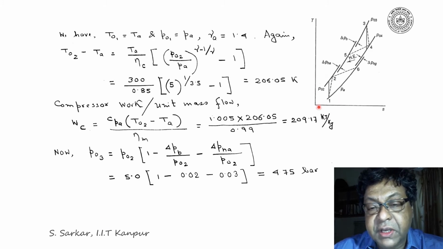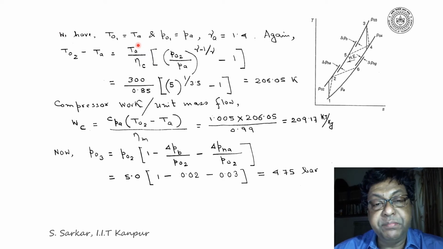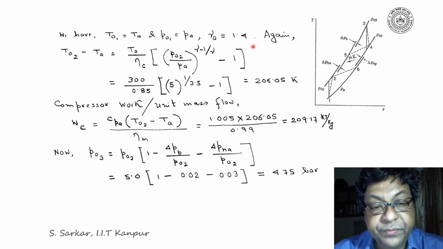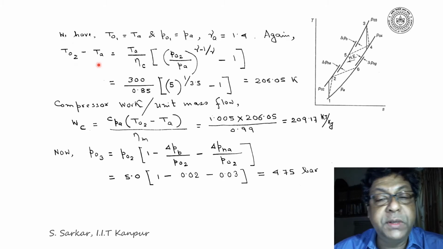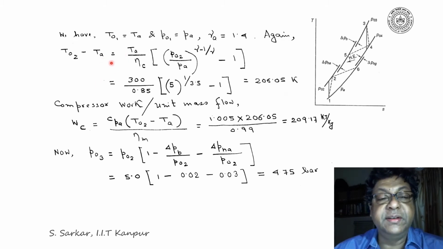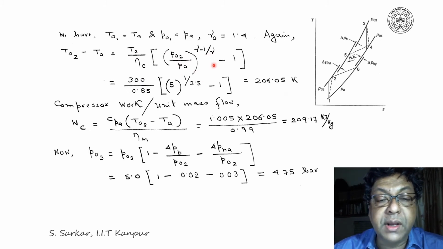I'll start with the compressor. Here T01 must be equal to TA, the atmospheric temperature, and P01 is equal to PA, and gamma A is equal to 1.4. This data we know. Therefore, T02 minus T0A, that is the total temperature rise in the compressor, can be given by TA divided by eta C, within the bracket, P02 by PA to the power gamma minus 1 by gamma, minus 1.